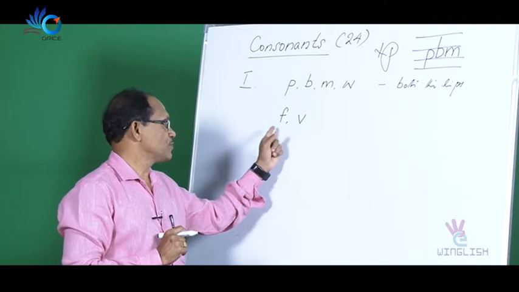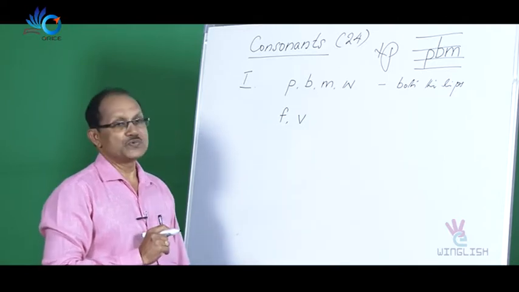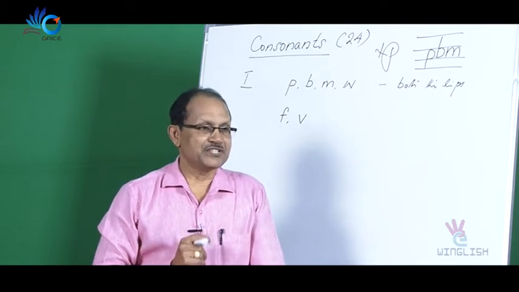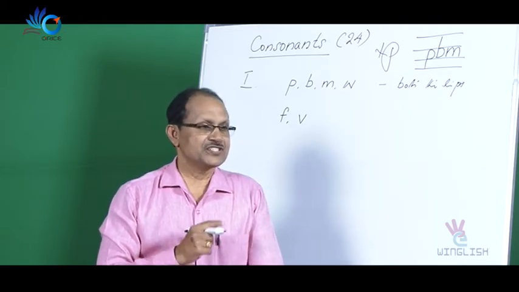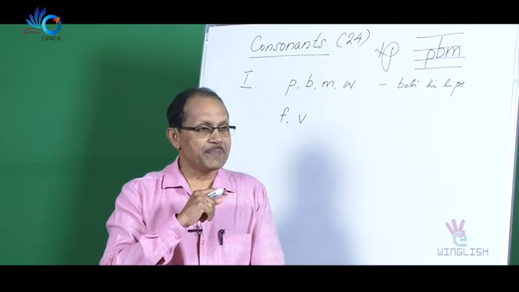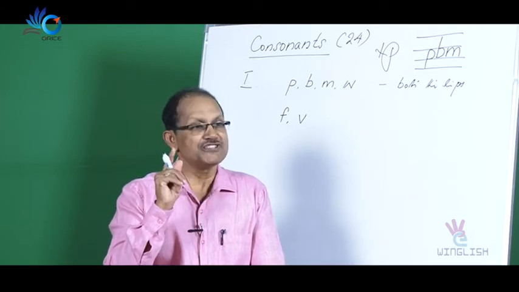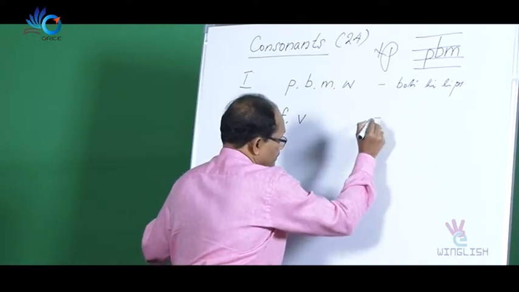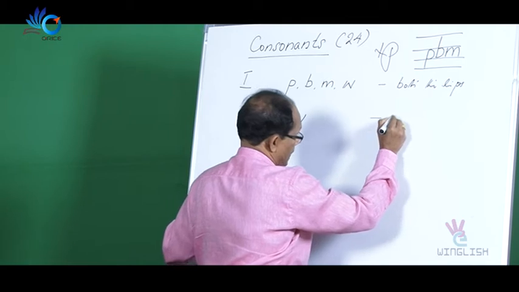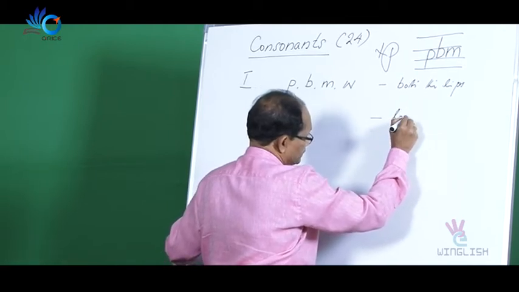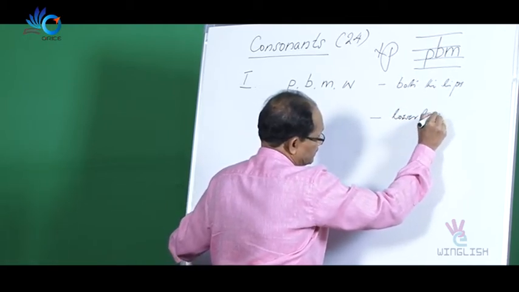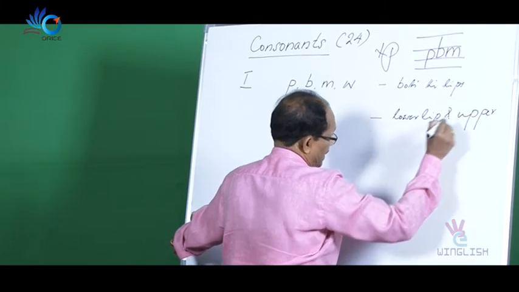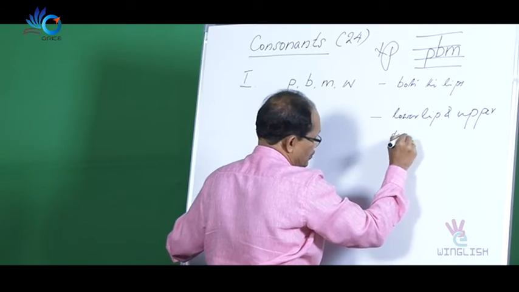And what about these two sounds, the organs involved? Their articulation we shall see later, but the articulators are lower lip and upper front teeth. So, note down like that: lower lip and upper front teeth.